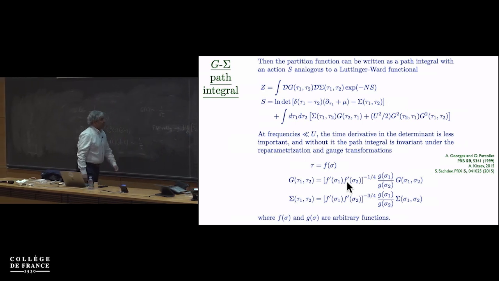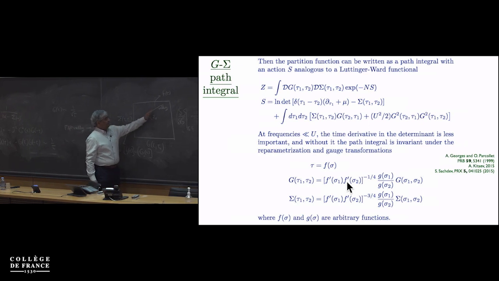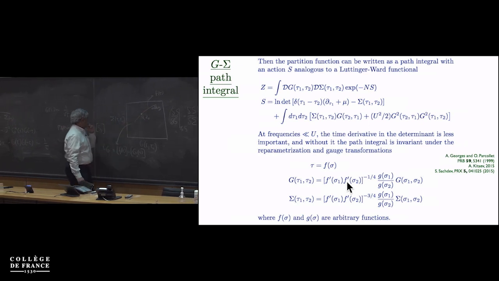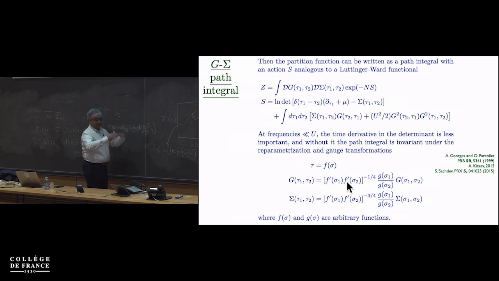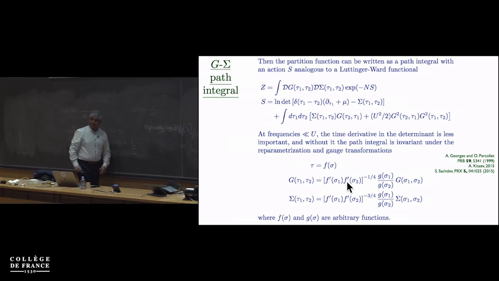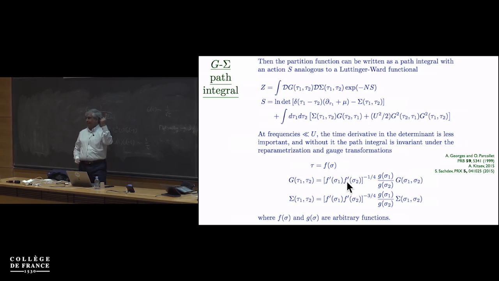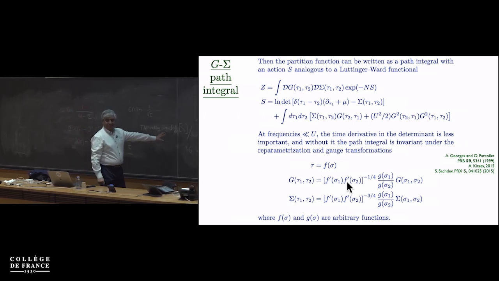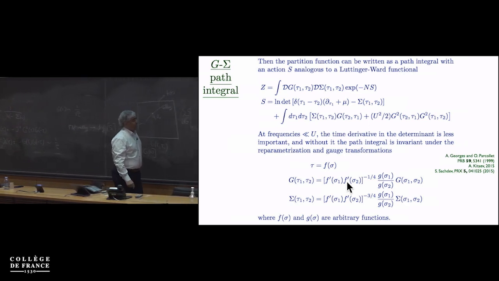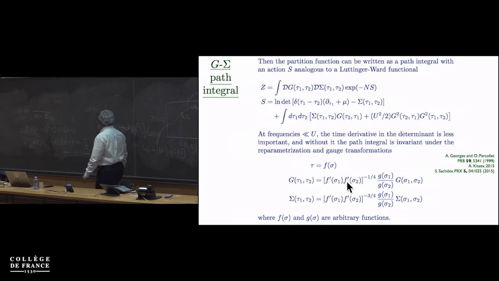This tells me that the action along this valley is like a nonlinear sigma model on diff S1 slash SL2R. Just like the nonlinear sigma model of a ferromagnet is SO3 slash U1. It's exactly the same thing. All right, so the action is not 0 here because of this term.